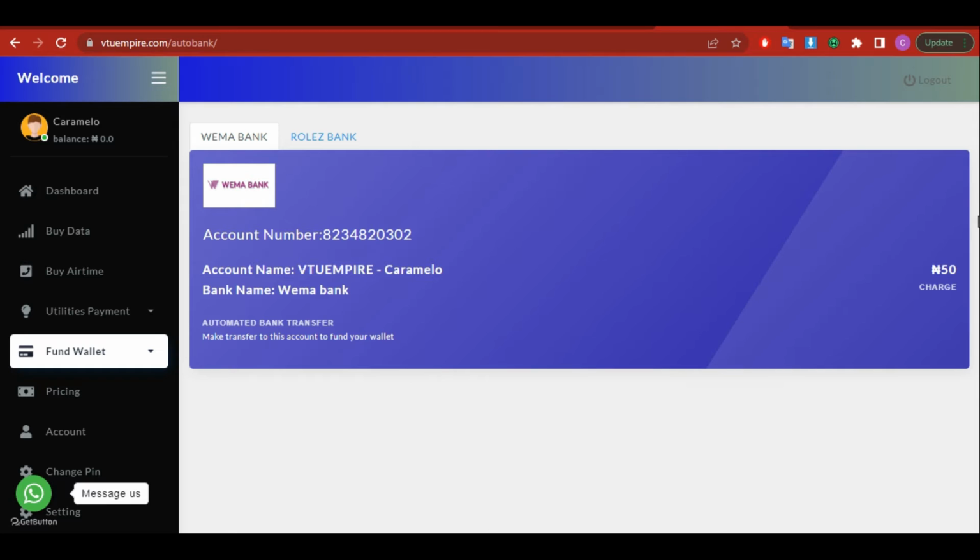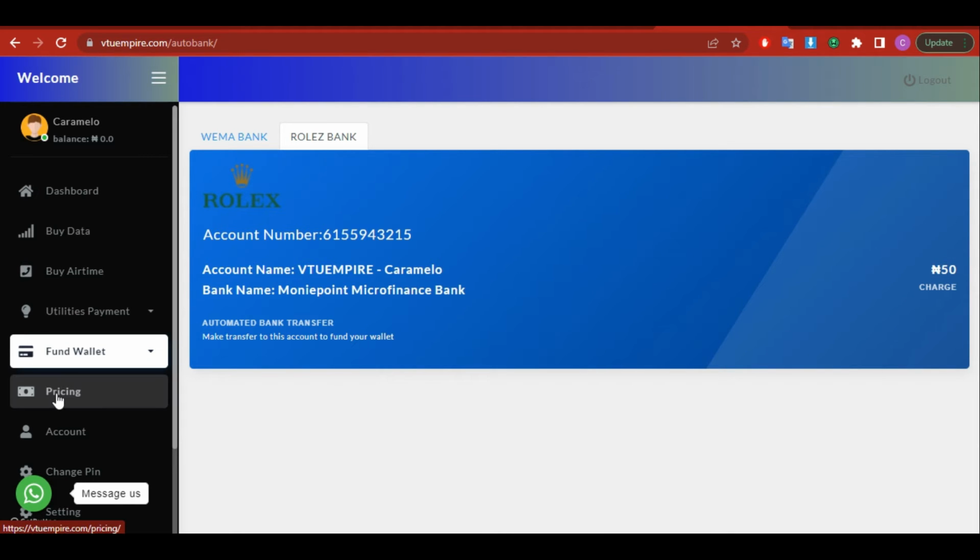And I think you add the 15 naira to the bank transfer. So this is Wema Bank and this is Relax Bank. The bank name is Money Points Microfinance. It will pop up once you want to fund your wallet.